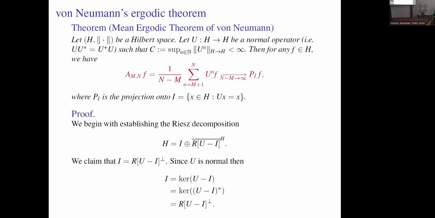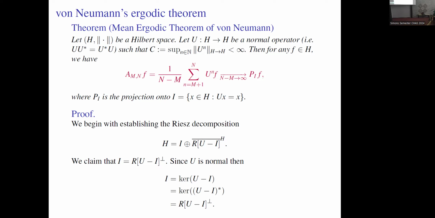Sometimes people say that this is the von Neumann trick, but I think that this should be attributed to Riesz too. So we can see that because this is a one-dimensional closed subspace of H, we can decompose our Hilbert space into I and its orthogonal complement.